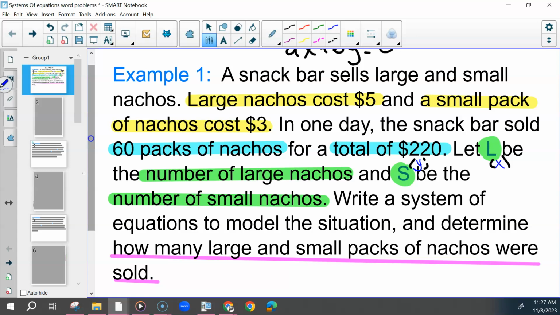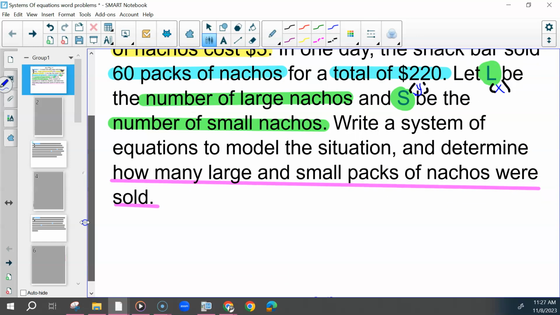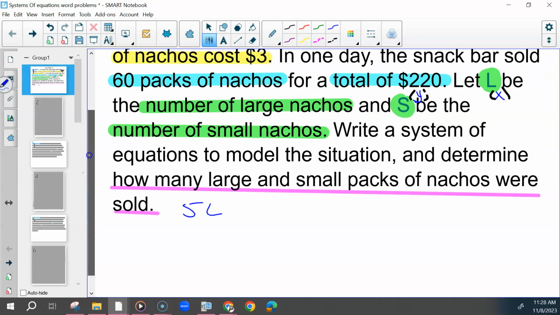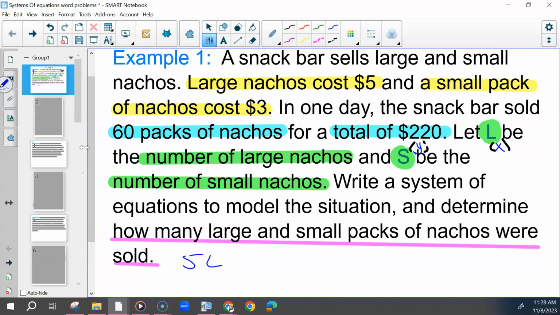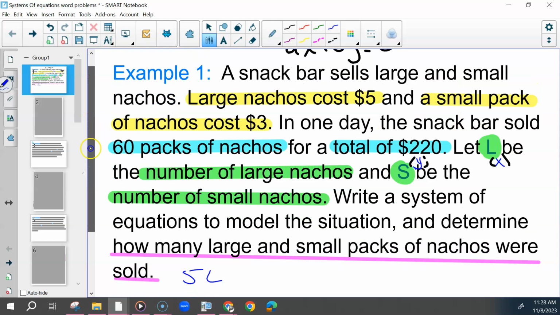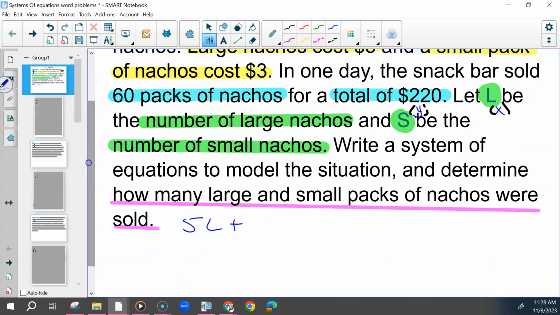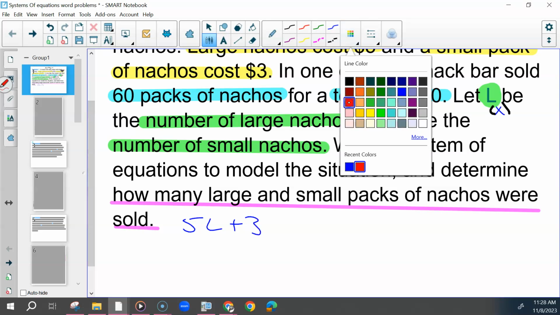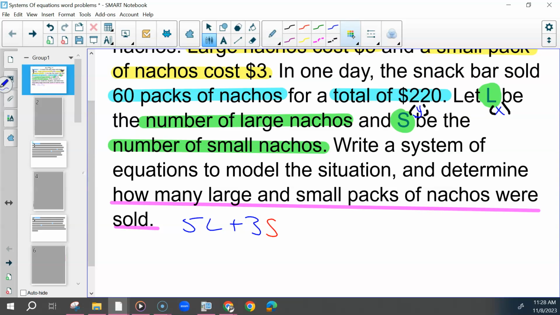So we're going to put those two things together. 5L or X plus, because of our equation, what would be the next part? 3S. I'm going to change the color of my S because my S is in 5s. And then what would this equal?